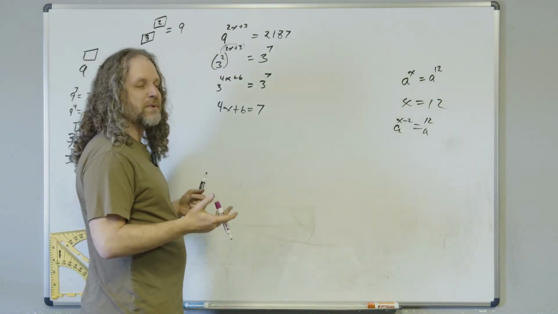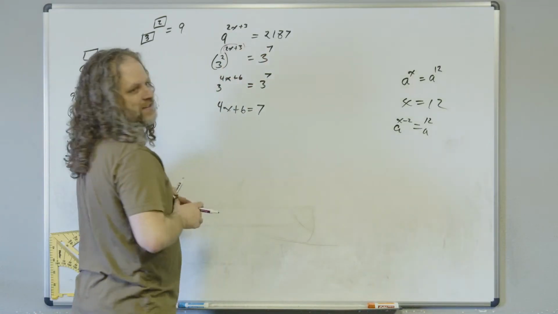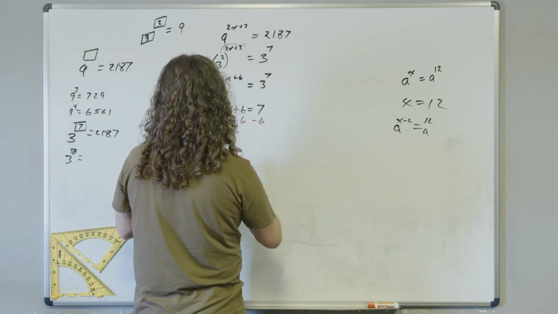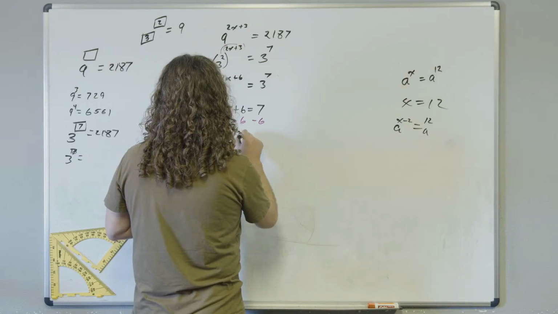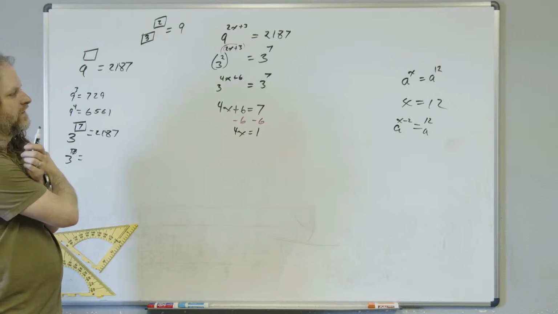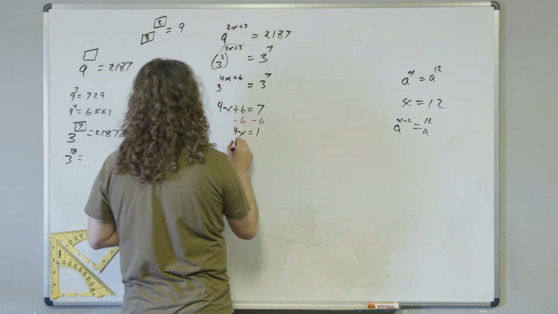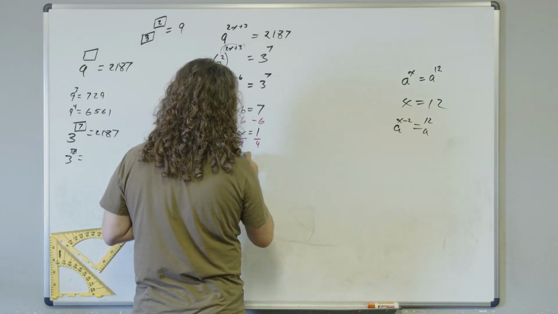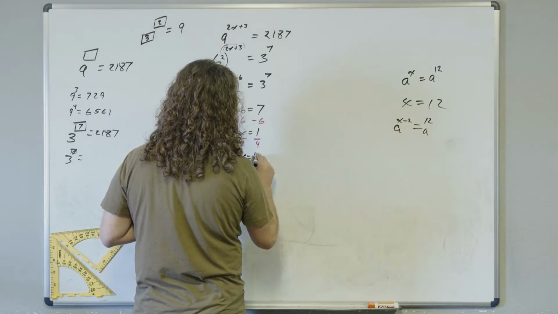So all of these, you'll be able to manipulate it to make the bases equal, right? Which is what we did. And then what? Divide by 4. X equals 1/4.